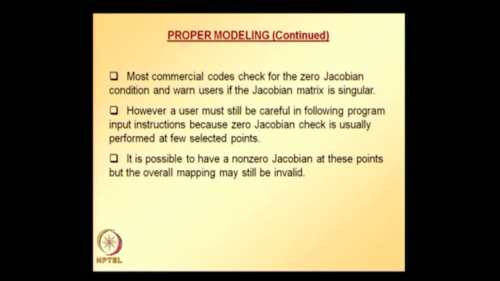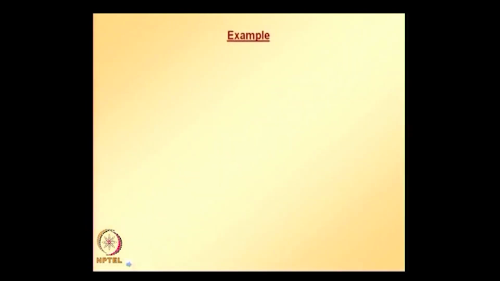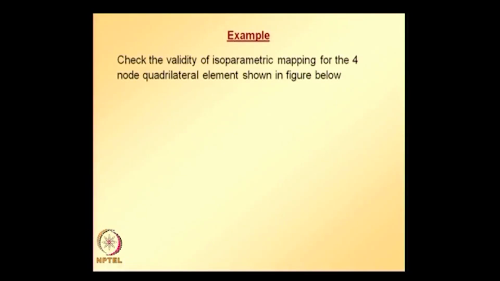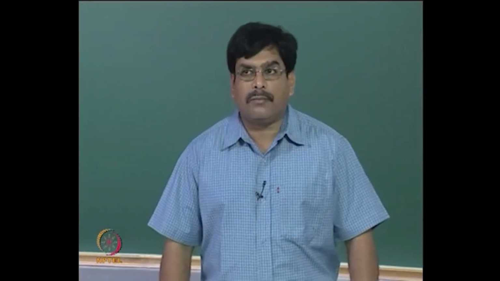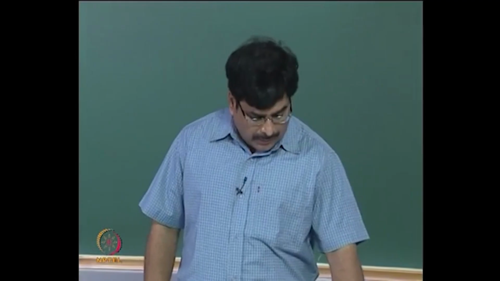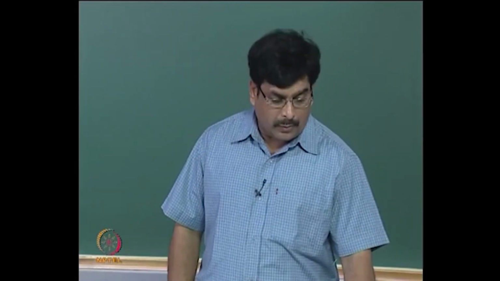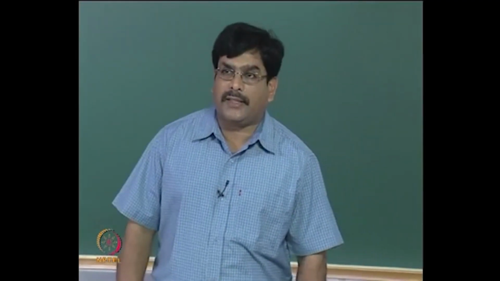So, what is going to happen? It is possible to have non-zero Jacobian at those points where commercial software is checking, but the overall mapping may still be invalid. So, now let us look at this example. What happens if a particular software expects the nodal information to be given in a particular direction, but the user inputs it in a different way? Let us take that example.